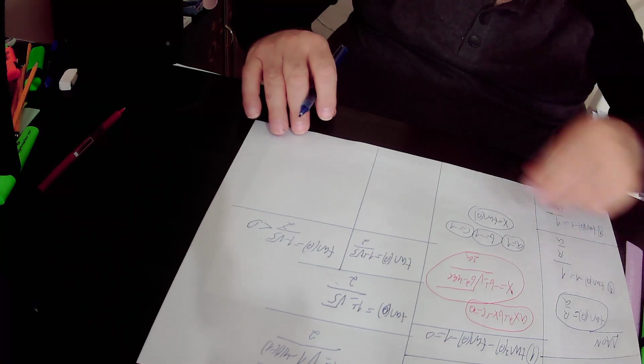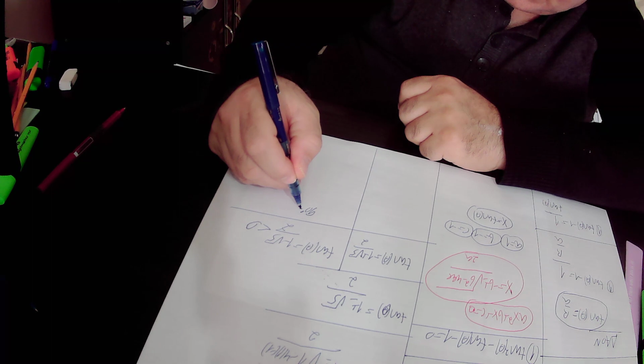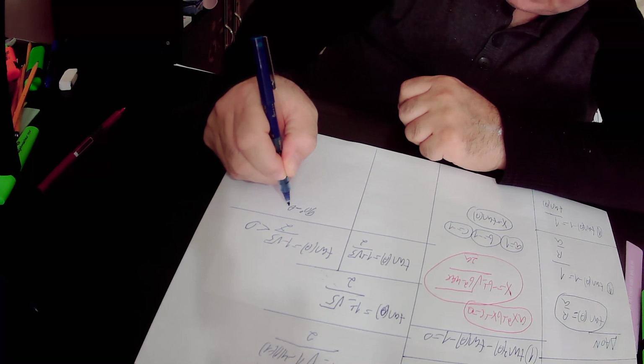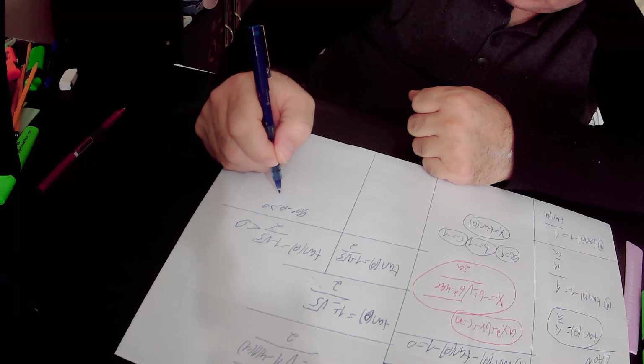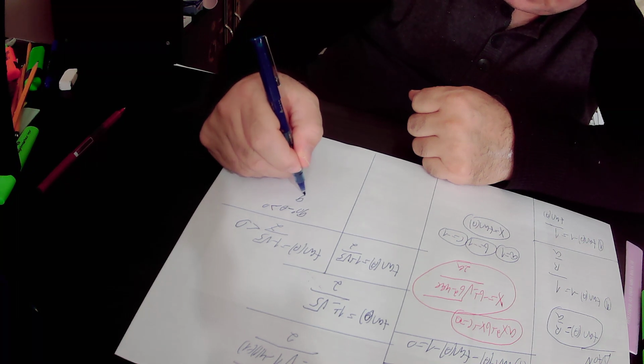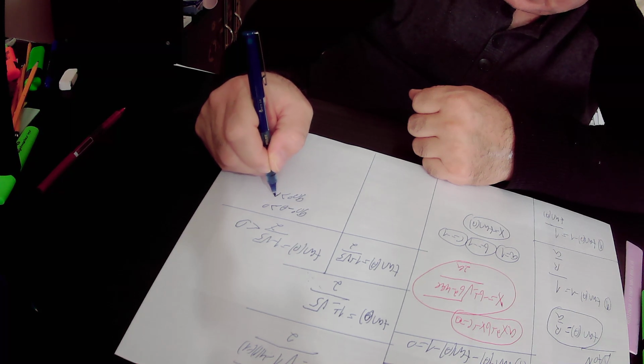So 90 degrees minus theta is greater than 0. We will add theta to this inequality, and we will get that 90 degrees is greater than theta.